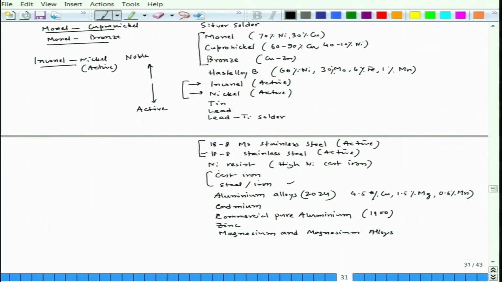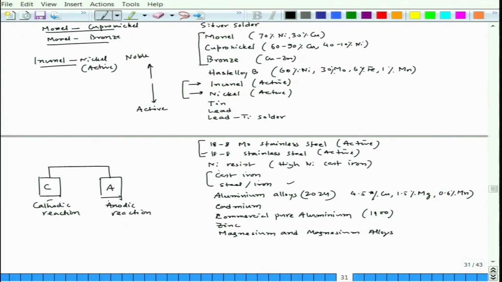Once a lot of current is drawn, let us look at what I mean by a lot of current drawn. For example, let us say this is cathode and this is anode. Now, once you join, electrochemical reactions take place: the cathode means cathodic reaction and the anode means anodic reaction.